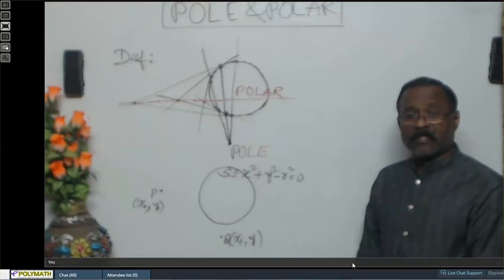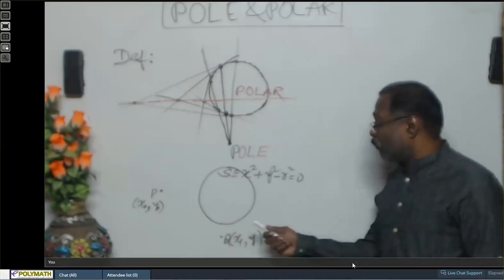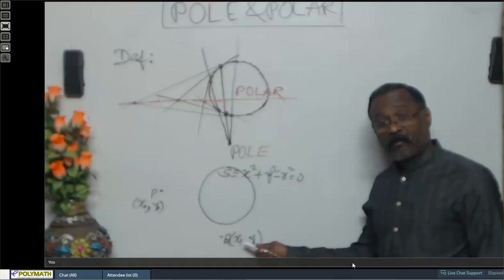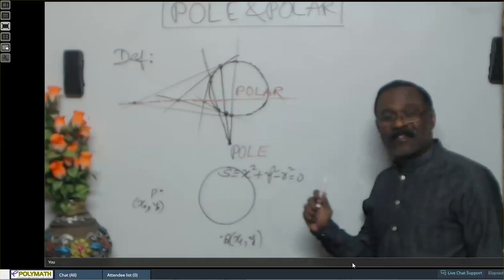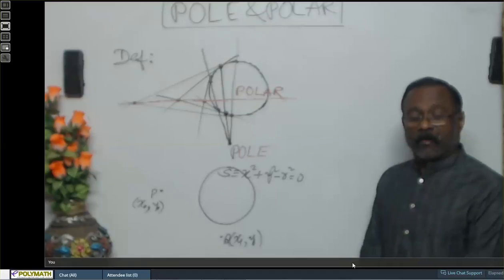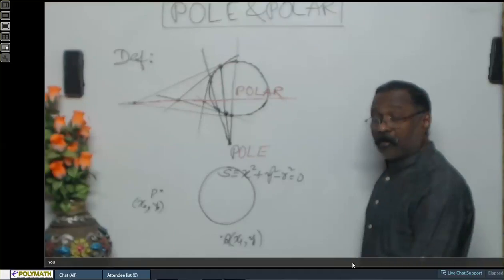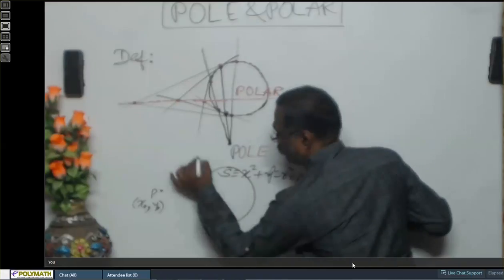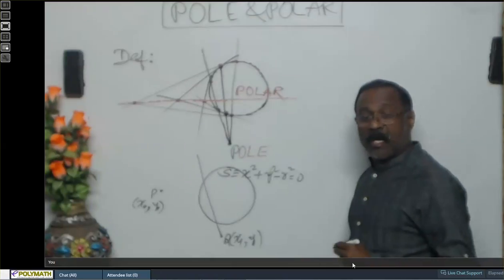We want to understand the equation to the polar of Q with respect to the circle S = 0. So, let us start now. Now, through Q, draw a chord. We have drawn a chord here.